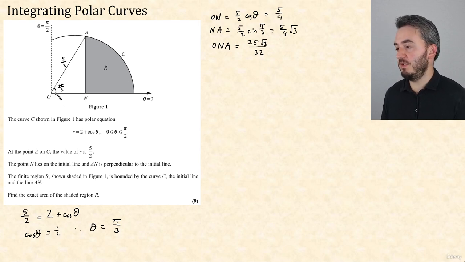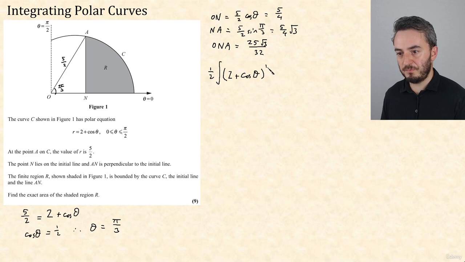Now I can work out the integral of my curve from theta equals 0 up to theta equals pi over 3 and subtract this. So I'm looking for half times the integral of r squared, where r is 2 plus cos theta, d theta between 0 and pi over 3.